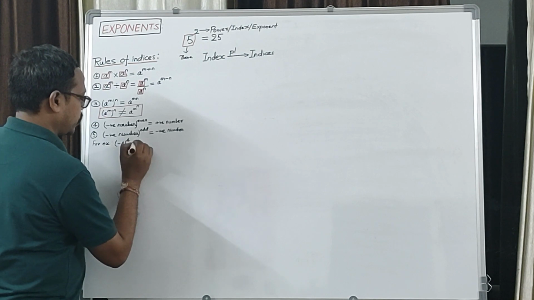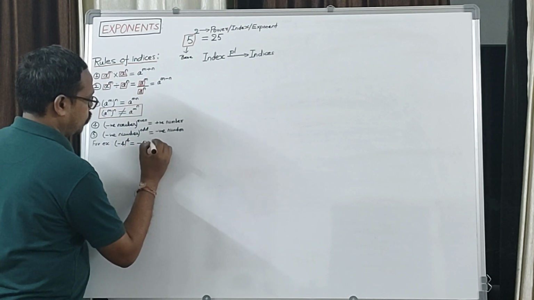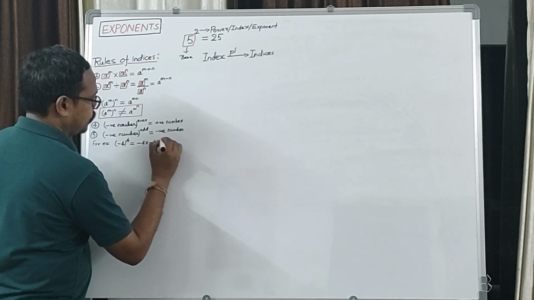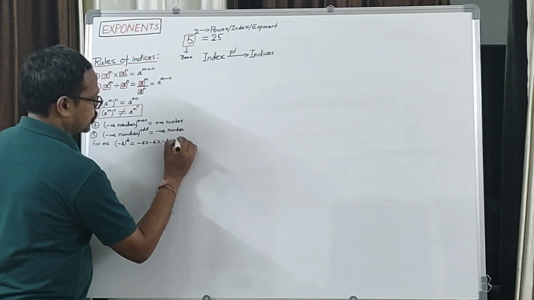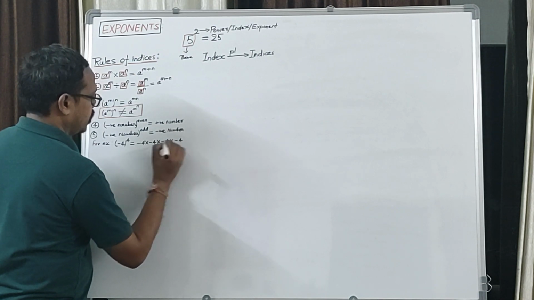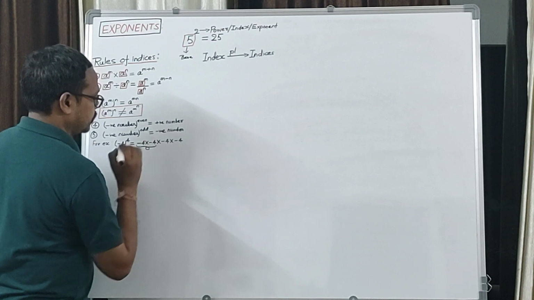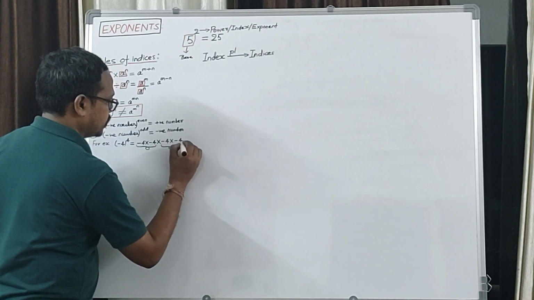We can write it in this way: minus 4 into minus 4 into minus 4 into minus 4, right? See, minus into minus is a positive number, and minus into minus is a positive number.